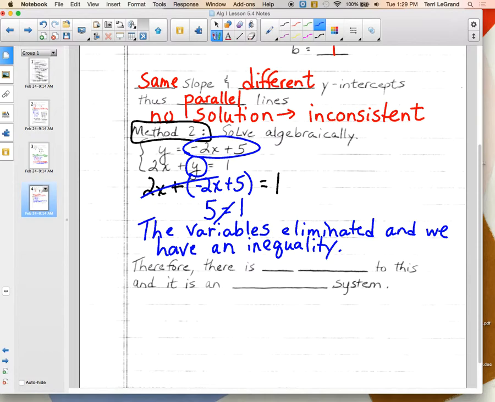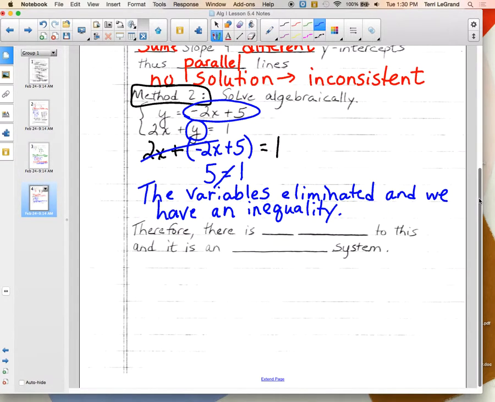If that happens when you're solving algebraically, the variables eliminate, and you end up with an inequality, your brain says, oh, this is what? No solution. So this is method 2. We say no solution, and what kind of system? Inconsistent.